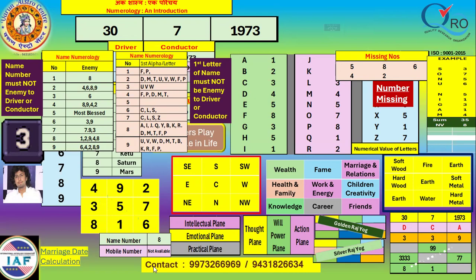The native is inclined to be impatient and unpunctual, and has a tendency to always justify his actions rather than admit that he has made a mistake. Such people whose 2 number is missing should learn to achieve balance in their life.